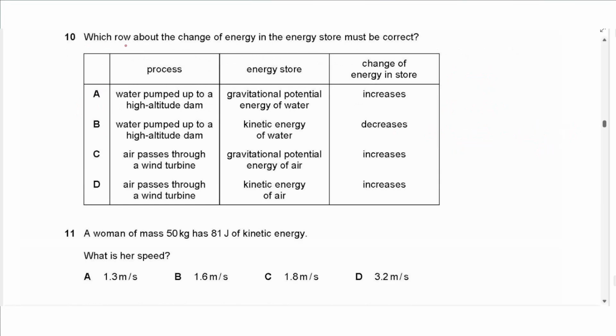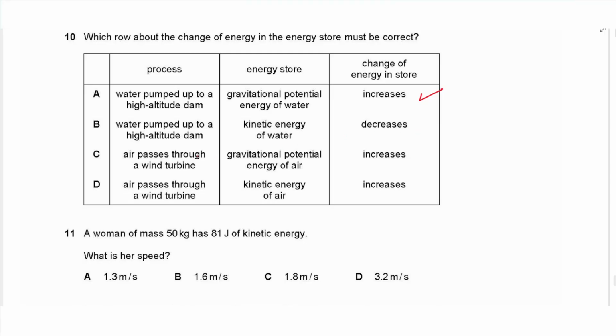Question 10 says, which row about the change of energy in the energy store must be correct? For different processes, we have the energy store and the change in the energy store. So water pumped up to a high altitude, gravitational potential energy of water increases. Yes, that is correct. Water pumped up to a high altitude, kinetic energy of the water decreases.